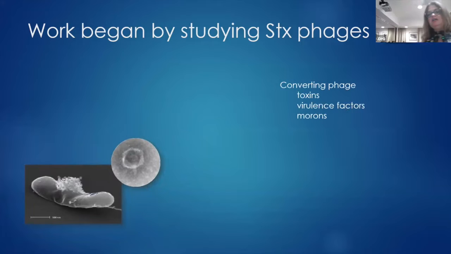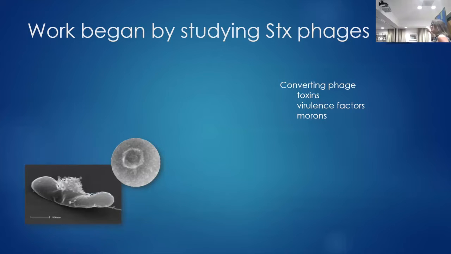So I knew that these were converting phages, and that's mostly what people think of when they think of prophages and their importance. So they encode something like this. They have toxins or virulence genes, or maybe a moron, which is actually defined by a host gene that's been acquired and now carried on the phage.